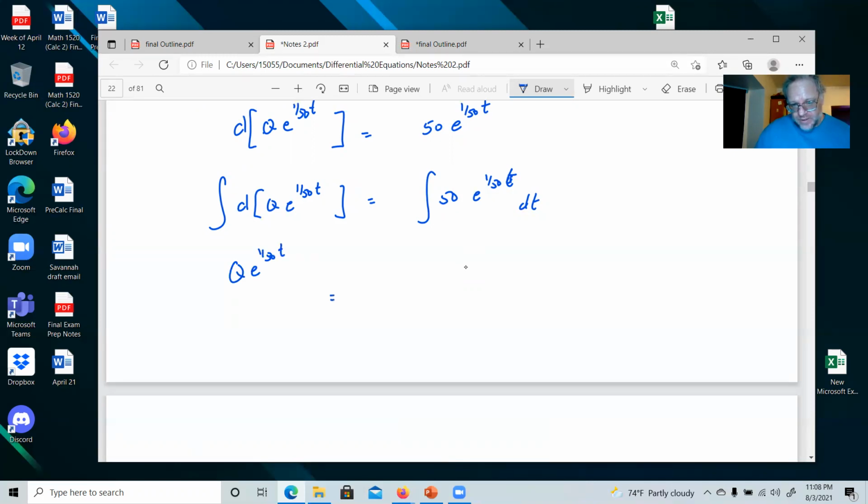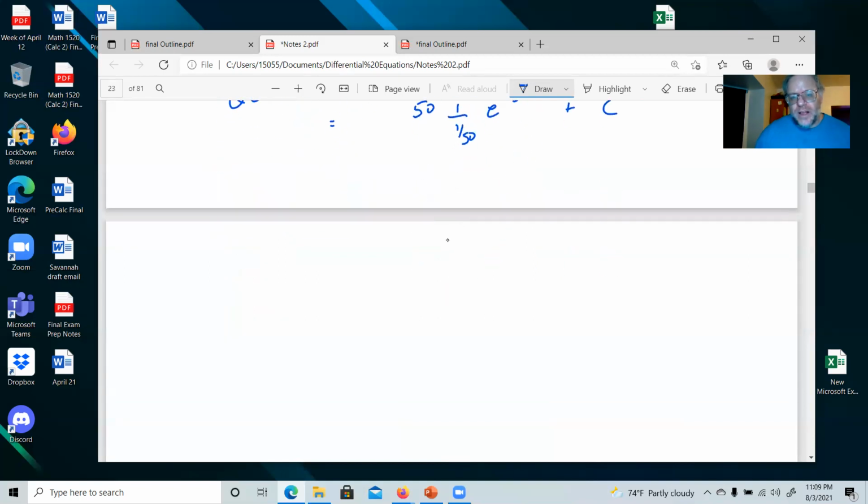And this is equal to 50, and you have to be a little careful here, because this is going to be 1/50 e to the 1/50 t. If I took this derivative, this would cancel with this, and then we'd be all set. Plus c. So 50 over 1/50, that is 2,500, isn't it?